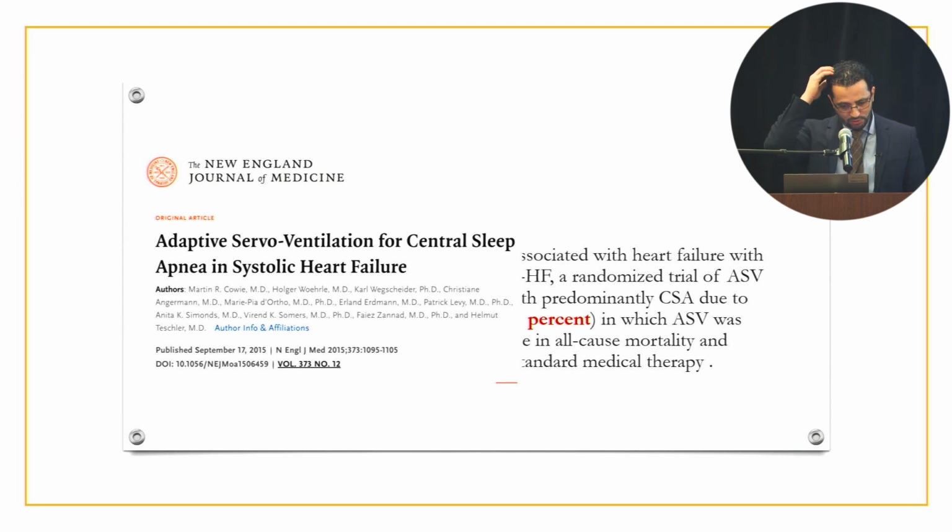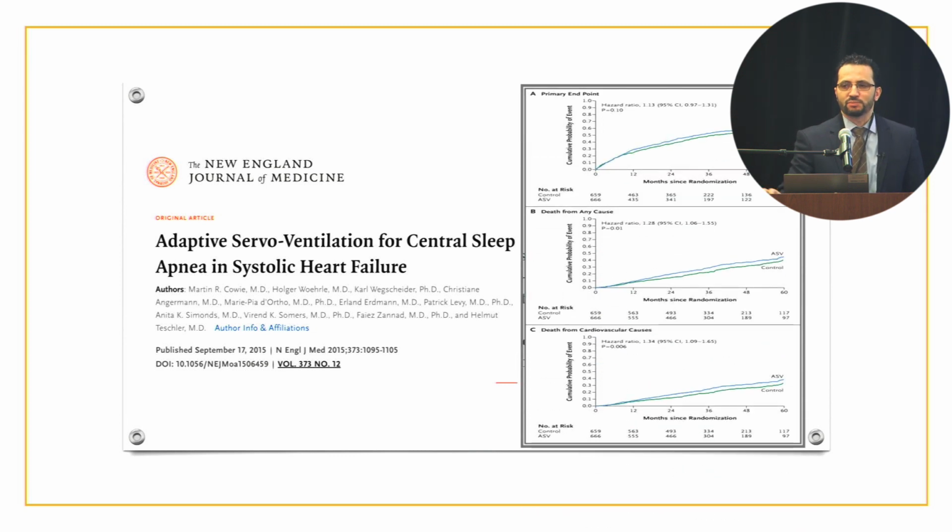This study, in the New England Journal of Medicine, is a famous study that showed around a 6% increase in all-cause or cardiac mortality in patients with symptomatic congestive heart failure who have mostly central sleep apneas if you use ASV on them. So before you start your ASV, you need to make sure your patients have a recent echo showing an EF of more than 45%.